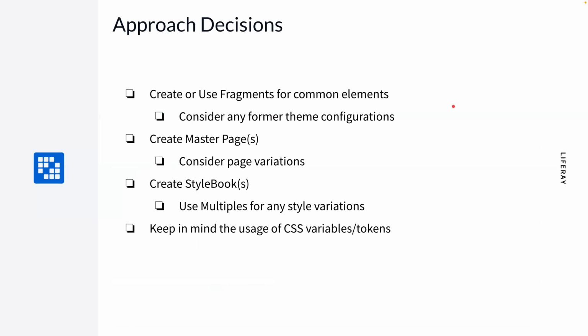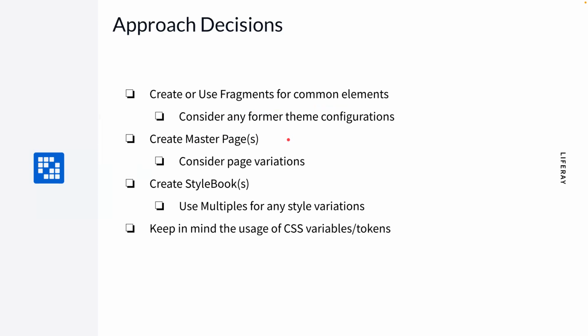So basically, the approach is going to be: create or use fragments for common elements. You might want to use some of the basic fragments that are shipped out of the box with Liferay, or you're going to create your own new ones. And then you're going to consider any former theme configurations and where those might best now migrate to.